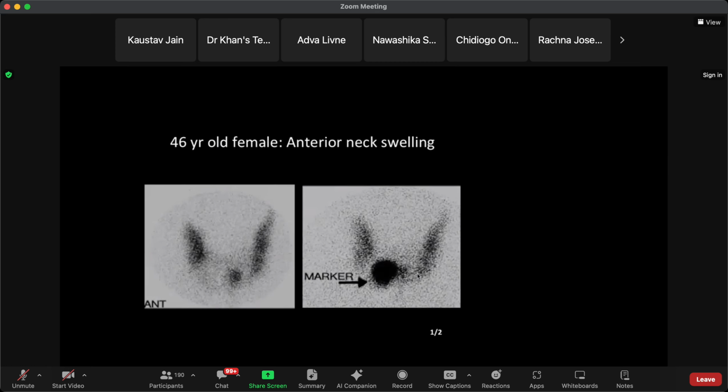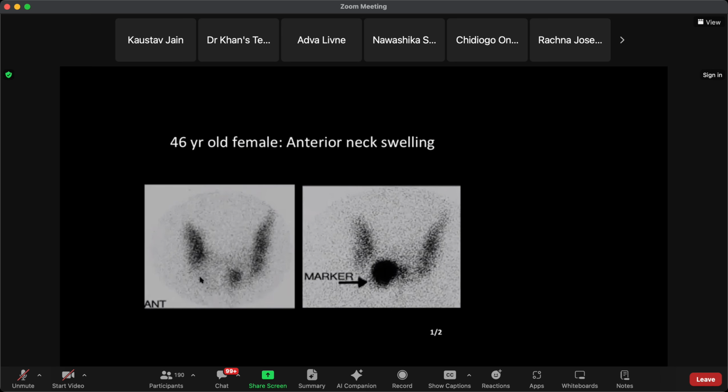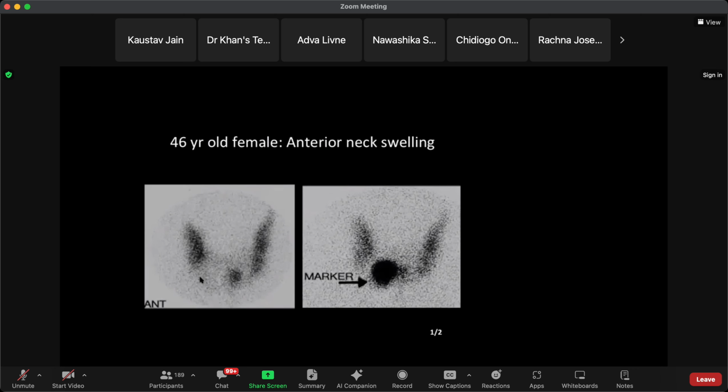Okay, so in the anterior view, there's a photopenic area on the left-hand side. Over here? Yeah, okay. Is that the left-hand side or the right-hand side? I'm not sure how to tell.